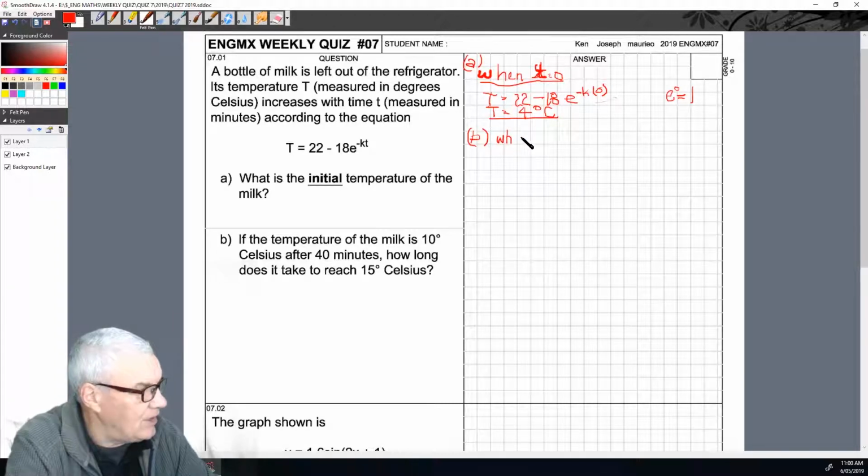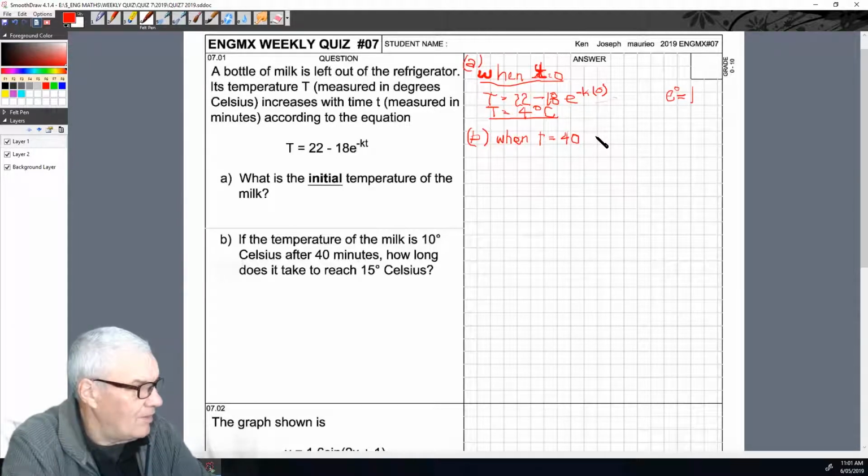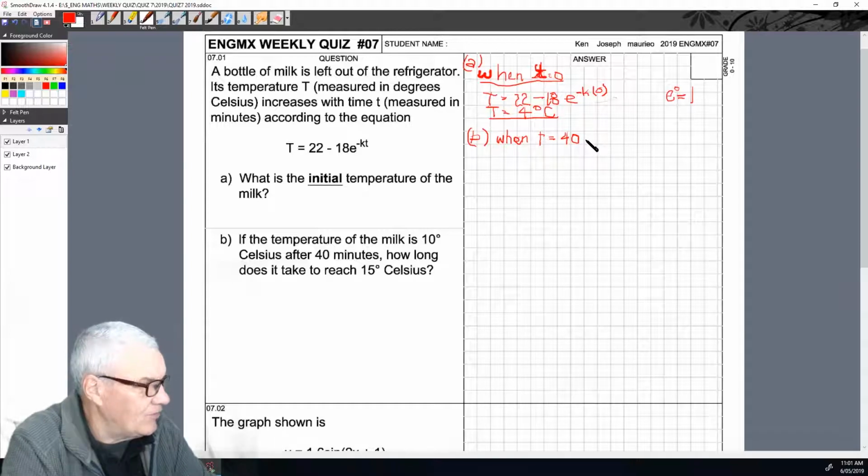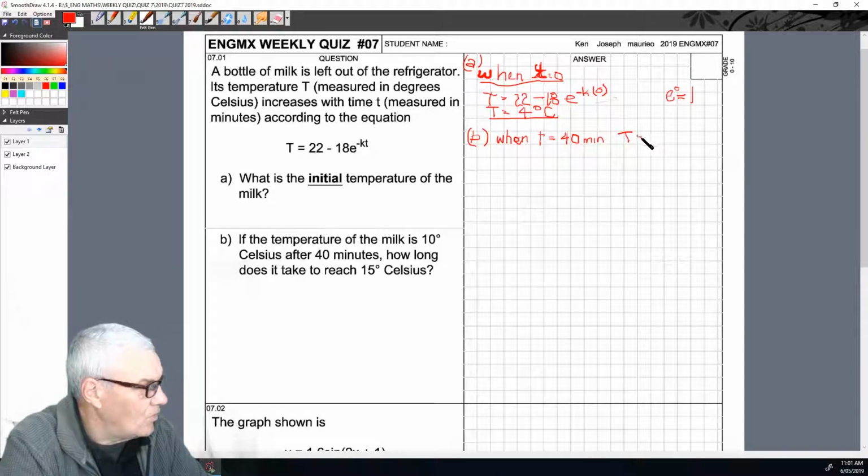So we can say when t equals 40, that's little t, minutes, that's time, big T, temperature, equals 10 degrees.